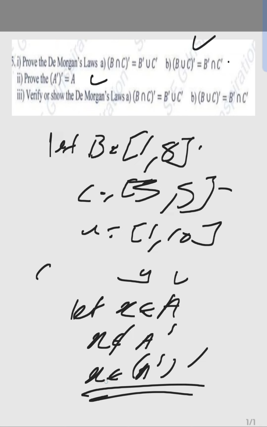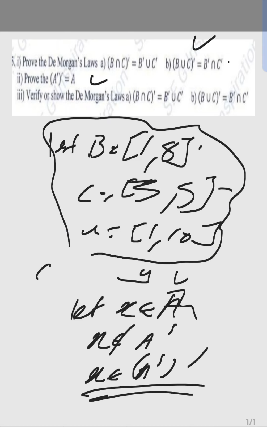Proving, you bring in the "let x be a member of that". That's how you prove, right? But for verifying, you need to bring in sets: let B be a set from maybe 1 to 8, C be maybe from 3 to 5, then the universal set 1 to 10.